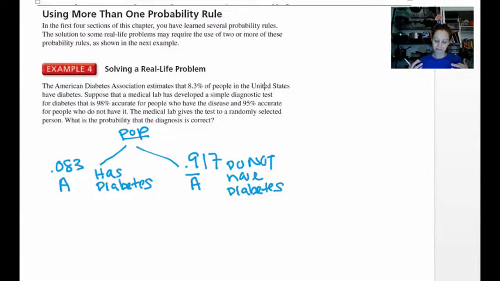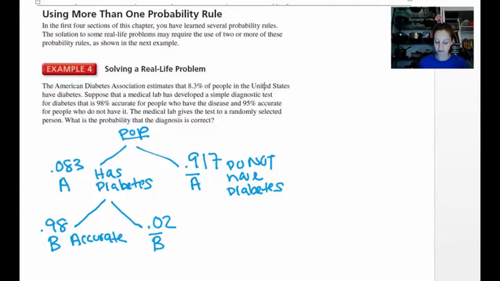Now, the diagnostic test for diabetes is 98% accurate for people who have the disease. So if you have diabetes, this test is 98% accurate. I'm going to call that B. Accurate. 98% accurate means it's 2% inaccurate, or the complement of B. Inaccurate.